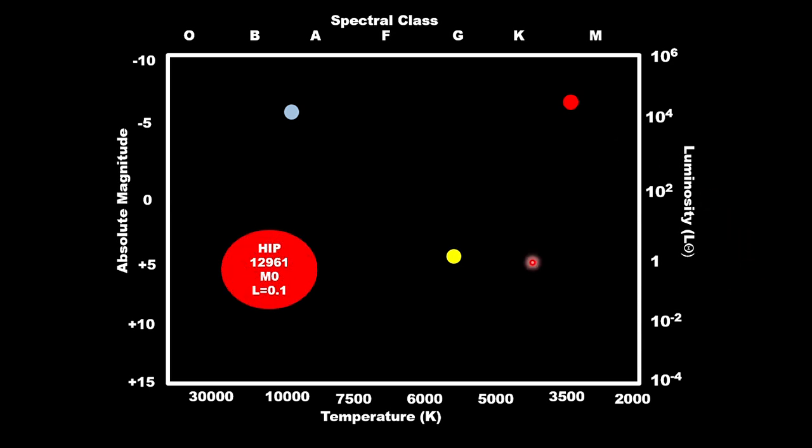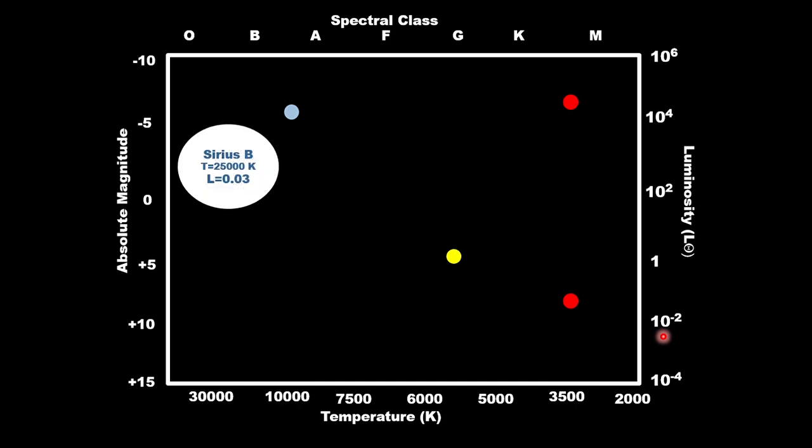We do this with other stars, like little HIP 12961, also a pretty cool star like our star over here, but in this case it has a luminosity only 1/10 of the sun. And if we keep doing this with Sirius, we discover something strange, that some of these stars just don't fit the pattern we were expecting.